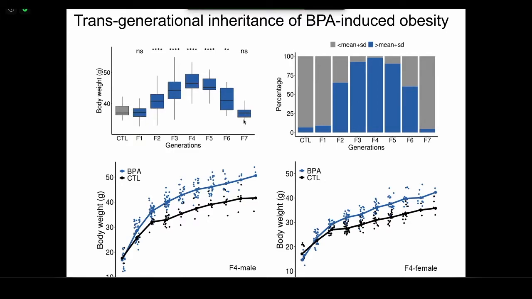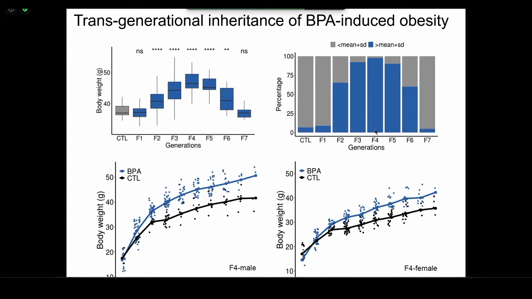If we define an obese mouse as one that has a weight that is the mean plus a standard deviation with respect to the control, if that's the definition for obese, then some control mice are obese. The F1 generation is the same as the control, and then the percentage of obese mice defined as the mean plus one standard deviation in weight goes up to approximately 60% in the F2, and then 90% or 95% in the F4, and then it starts decreasing.